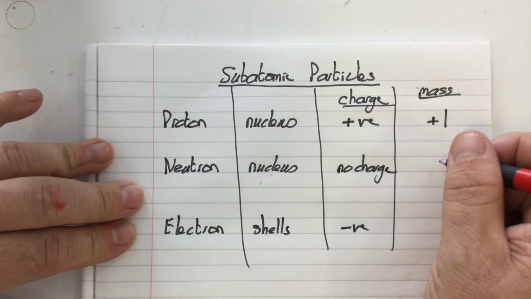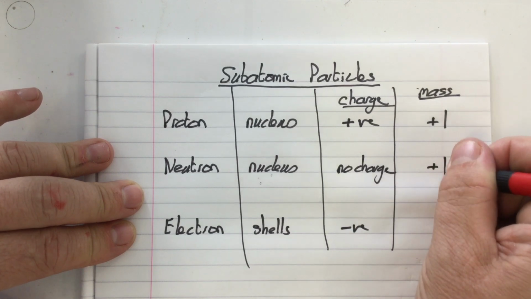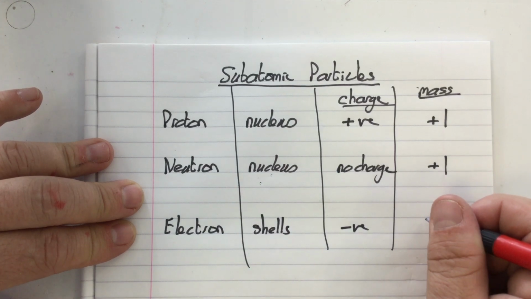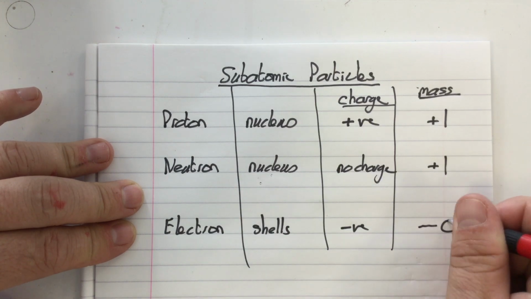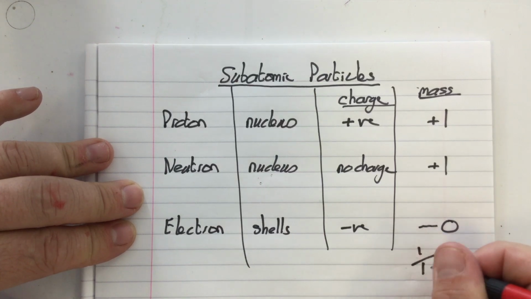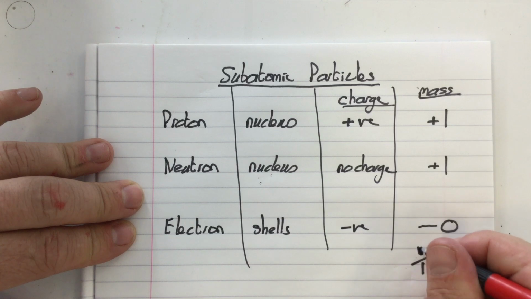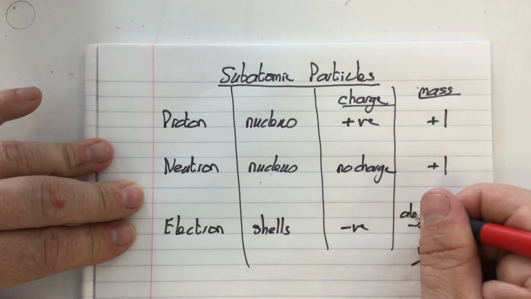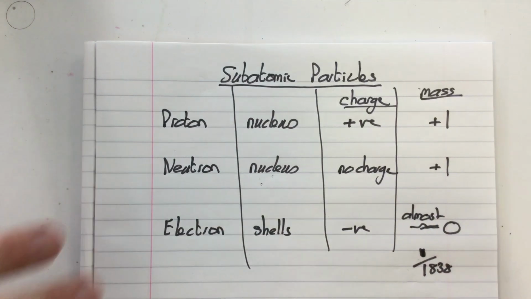A neutron? Plus 1. And an electron? Negligible. It's very, very small, so we say almost 0. It's actually 1 over 1,838, so it's incredibly small, but not minus, almost 0.